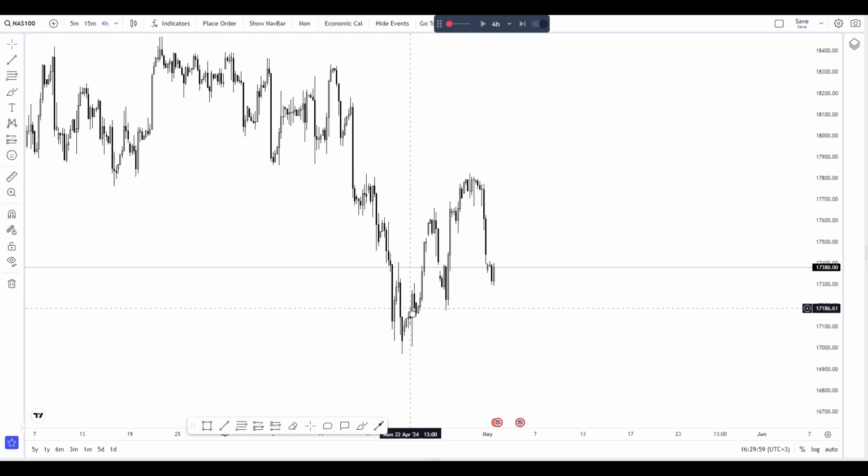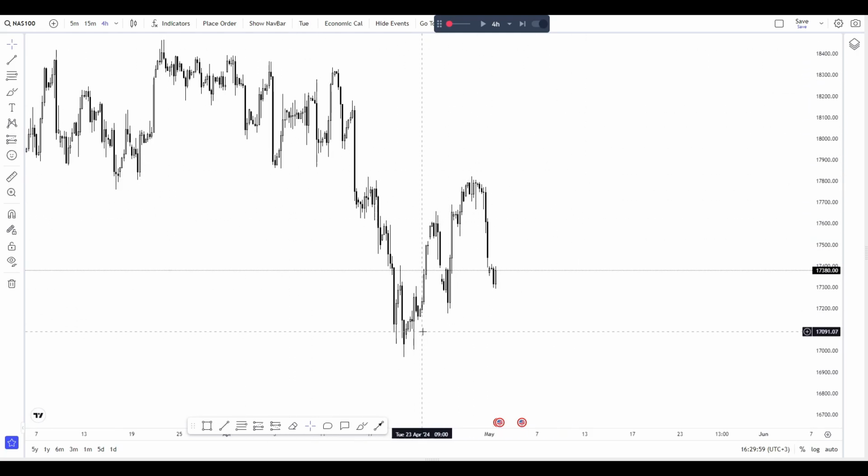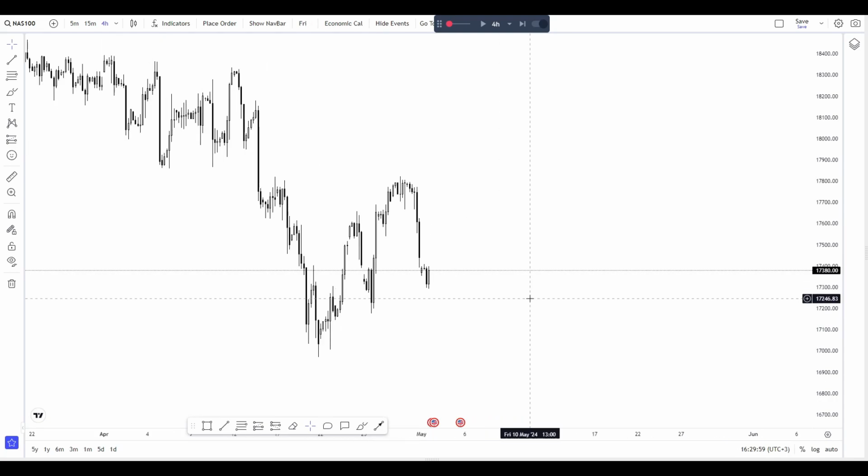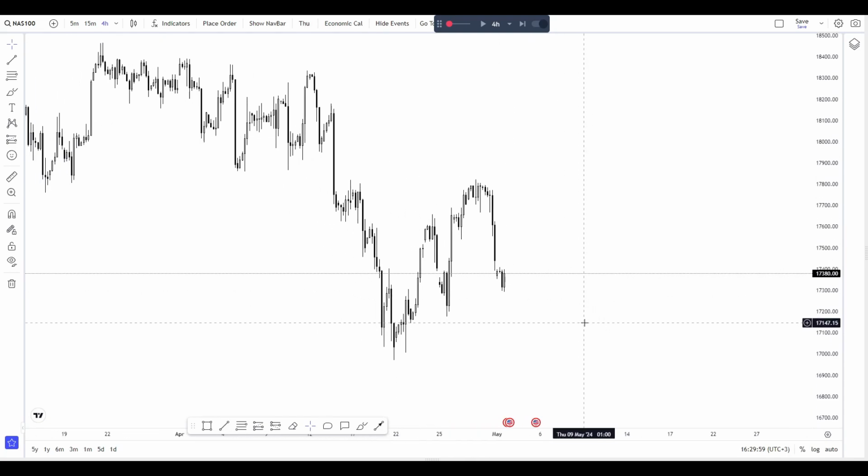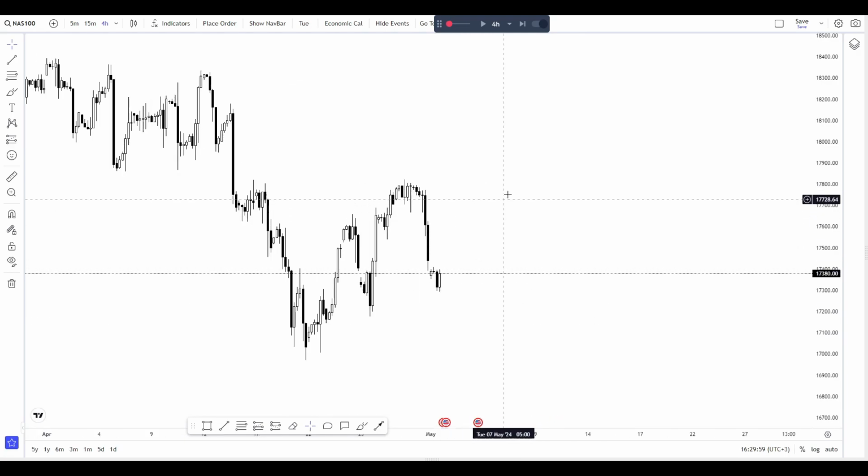Is this accumulation the end of all that correction, or is it accumulation made for rebalancing that movement, and price will continue to go lower and continue to move in that global correction?